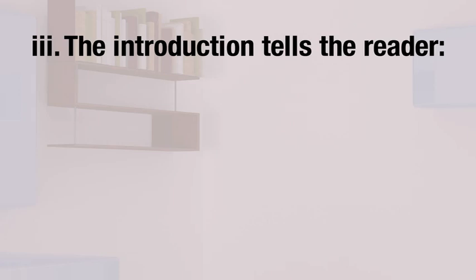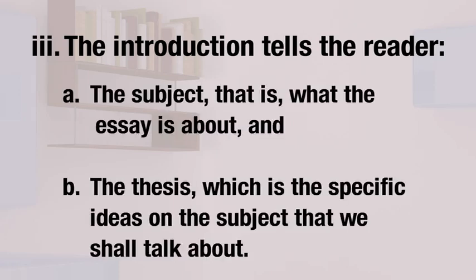The introduction tells the reader A. The subject, that is, what the essay is about, and B. The thesis, which is the specific ideas on the subject that we shall talk about.